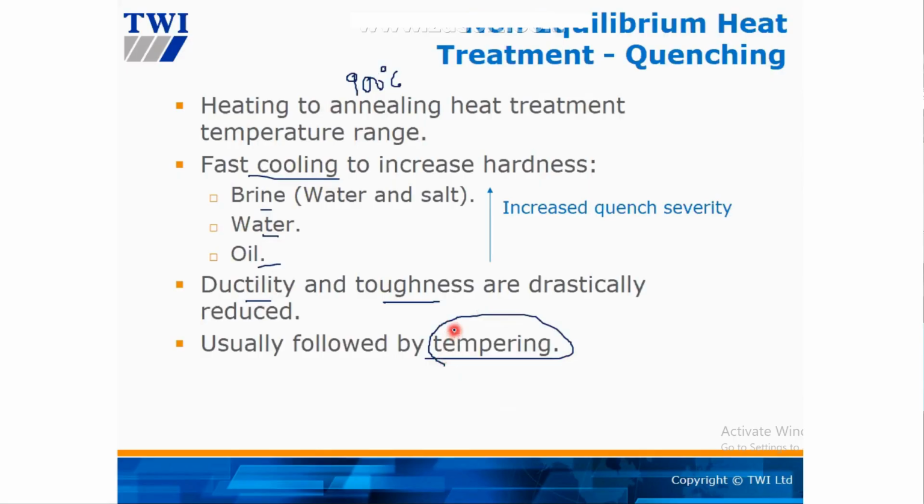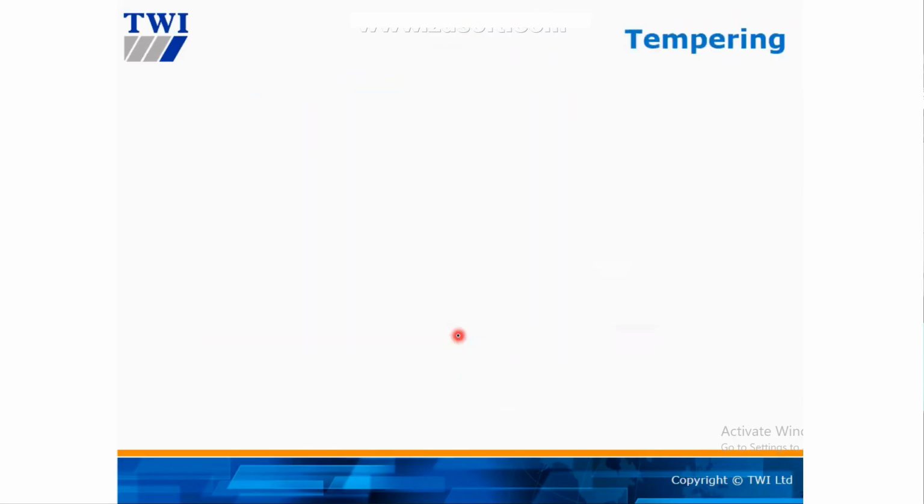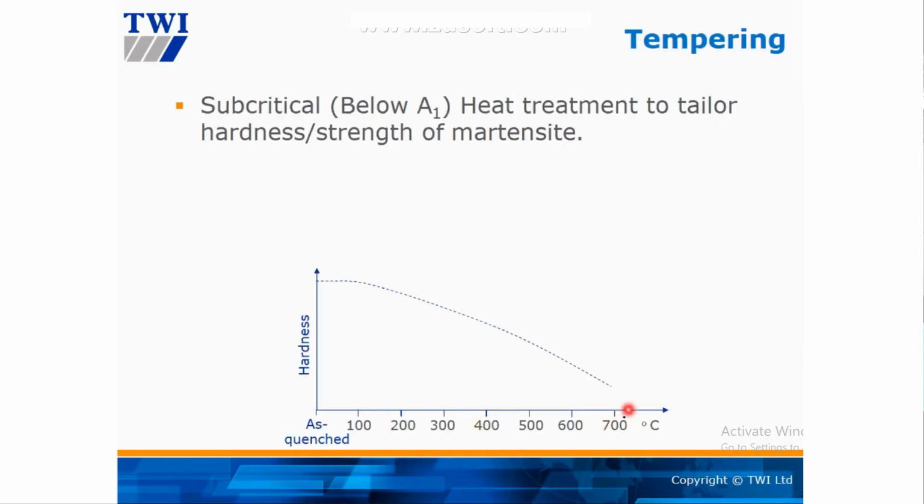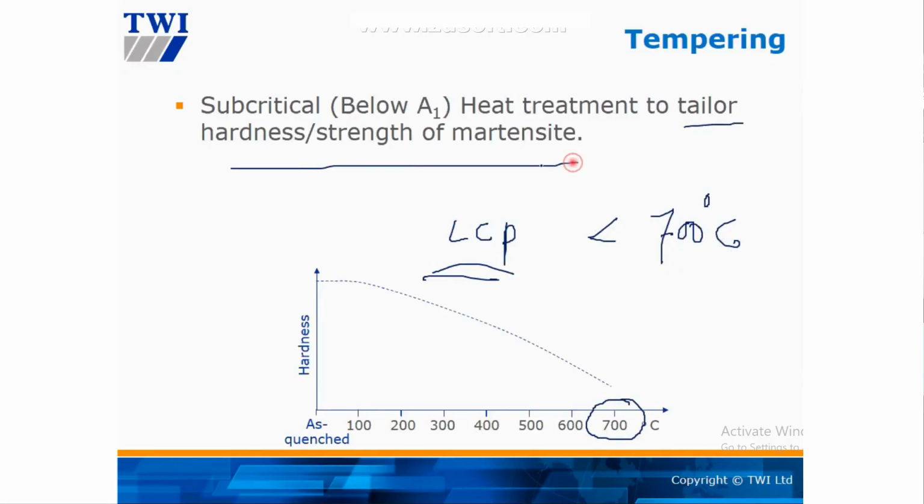So remember, tempering is always coupled with quenching. This tempering they carry out at lower temperature, at the lower critical temperature, less than 700 degrees C, to tailor the hardness and strength of martensite produced by quenching. So that's the purpose of tempering.